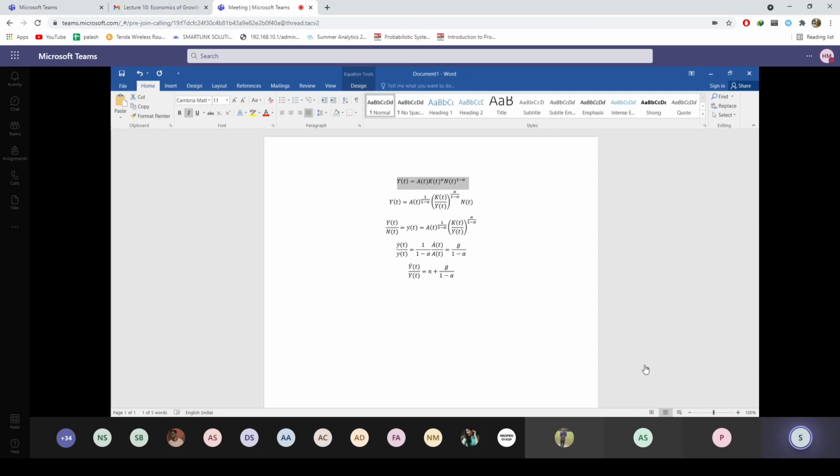It's easy, but you have to remember your long run growth of per capita output is no longer g, it is g divided by 1 minus alpha. Very interesting result, and you have to keep in mind to write down the fundamental equation.